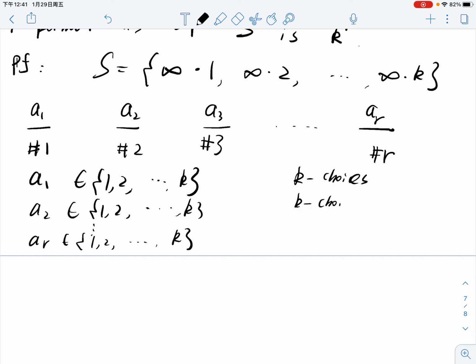Later on, we will see that when the repetition number is not infinity, there might be some restrictions, even very complicated restrictions, on the later choices. Here, k choices each time, so in total you have k to the r's power.